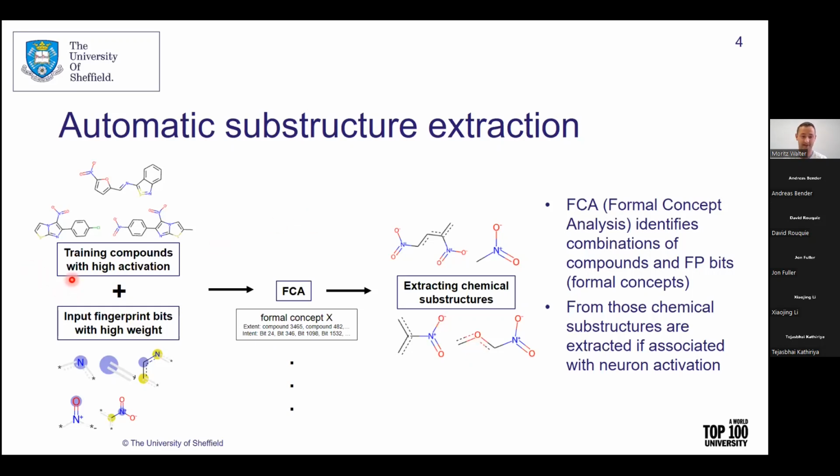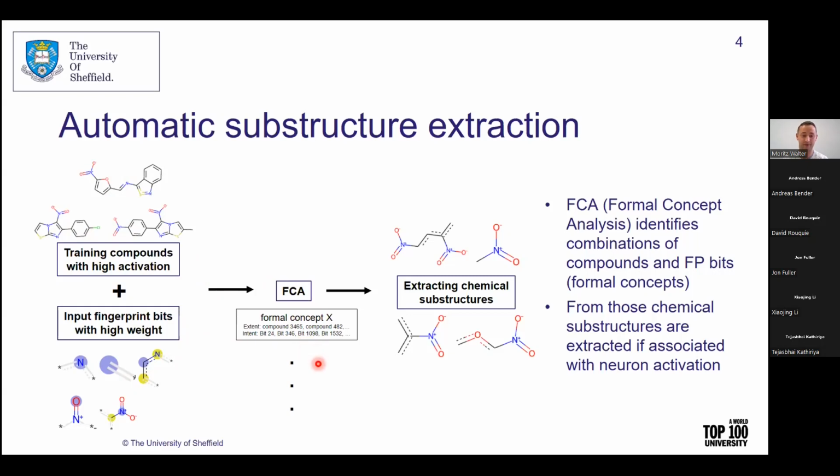And for that, we wanted to combine information about training compounds that strongly activate a given neuron, and also weights that are learned by the network. In this case, weights that connect the input bits to a neuron. And the input here are, as you can see, these atom environments, these belong to Morgan fingerprints from the RDKit. And what we then do is use something called formal concept analysis to systematically combine these two lines of information.